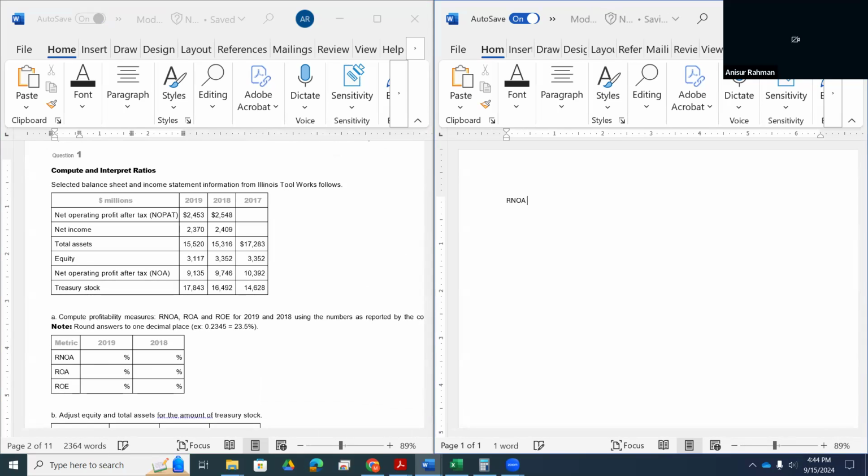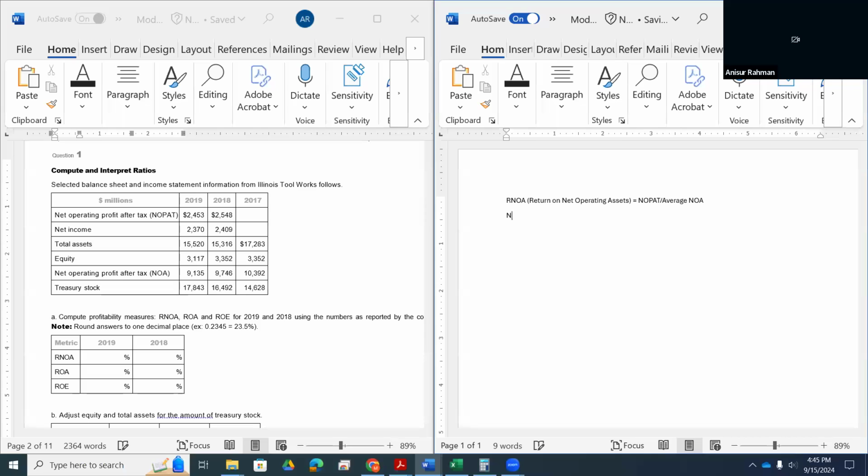So this is return on net operating assets. Now this is equal to your NOPAT divided by average net operating assets.